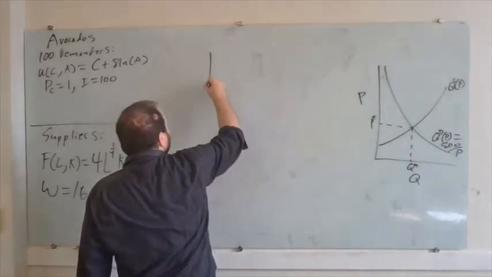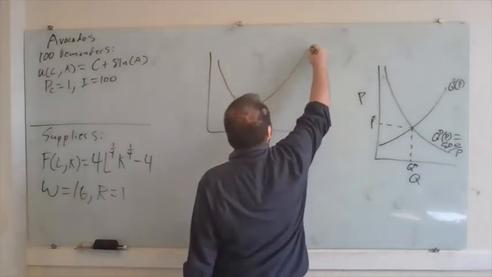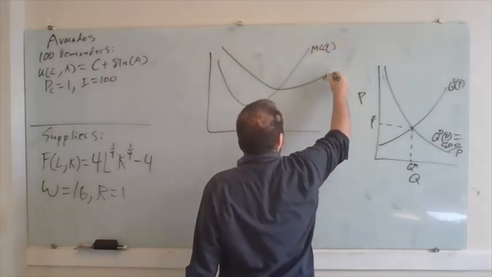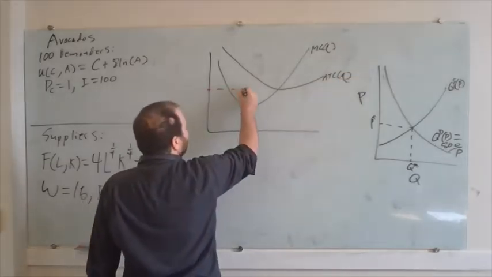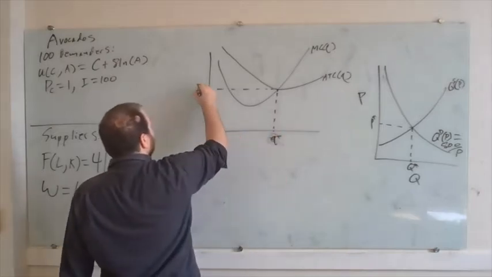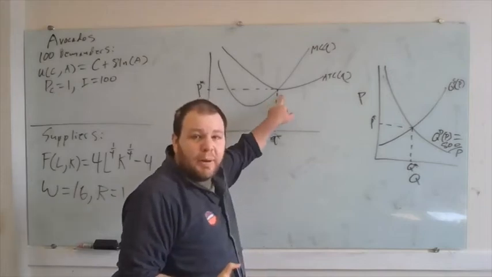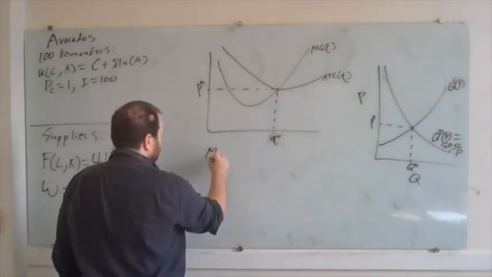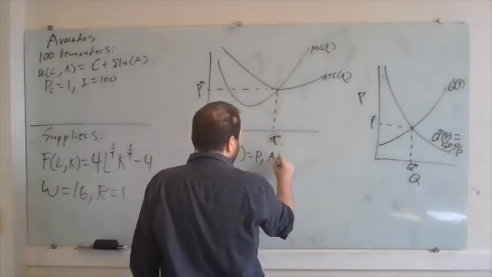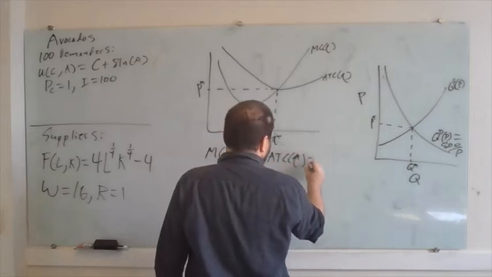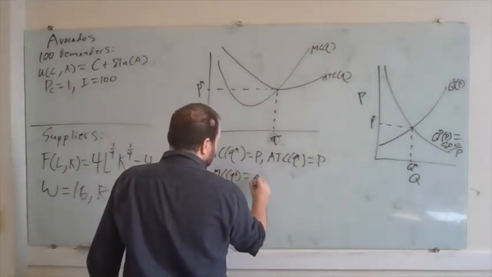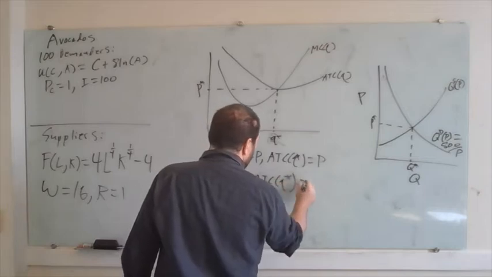In other words, we're going to have a set of long-run cost curves like this, marginal cost, average total cost, and we're going to want to find a combination of P and q where the firm is producing their optimal output, so where marginal cost equals P, and where the firm is earning zero economic profit, so our average total cost equals P, which is of course going to mean marginal cost is going to equal average total cost, which is going to equal P star.